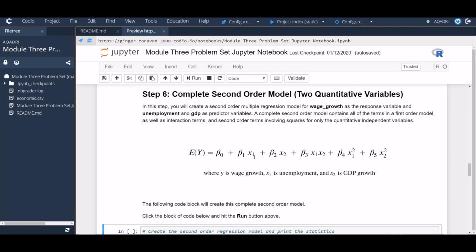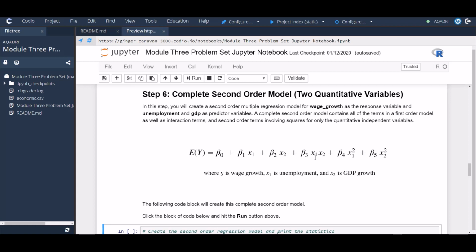Just note that again, regression modeling is as much art as it is science. You almost always have to analyze your data, visualize your data to create a model that makes sense. In this case, for example, both unemployment and GDP have a curved relationship with the response variable, and therefore it makes sense to include their second order terms.